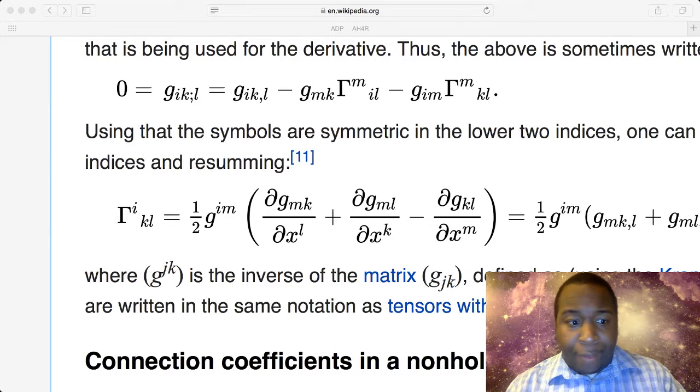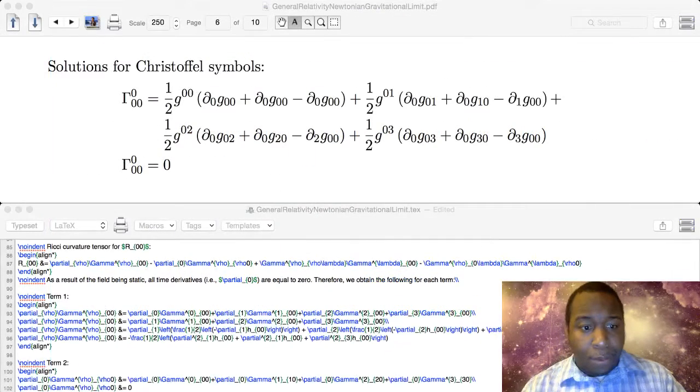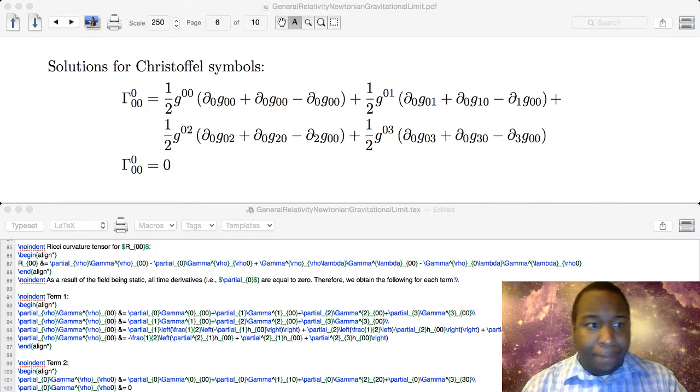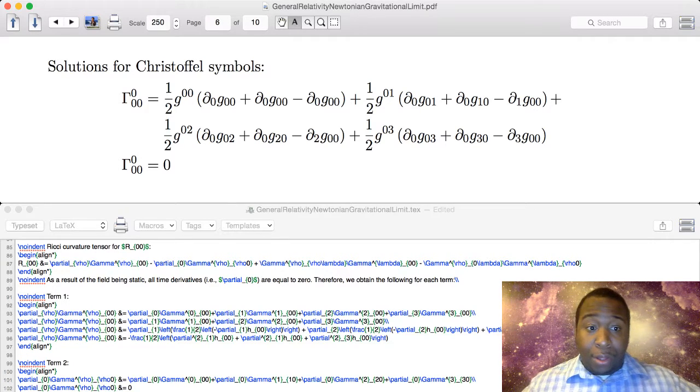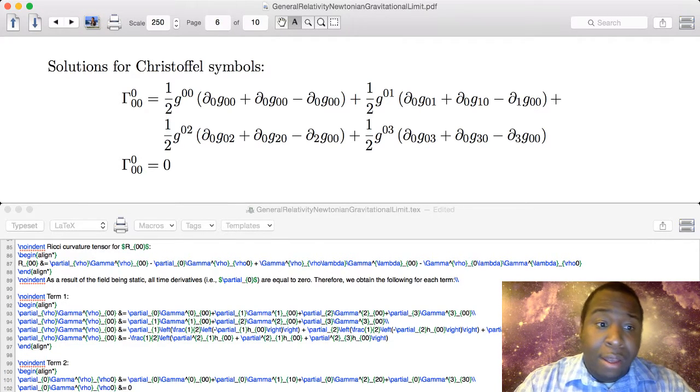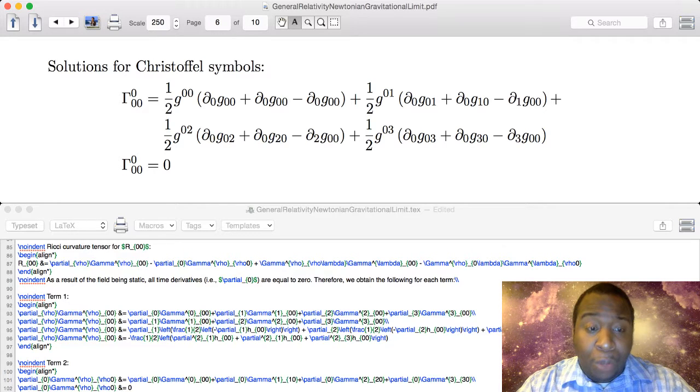So going back to here, let's go ahead and explain what I mean by that. The Christoffel symbol I'm solving for here is the one with superscript 0, subscript 0 0. It breaks down into 4 terms, because we're going to end up having a sum over an index.